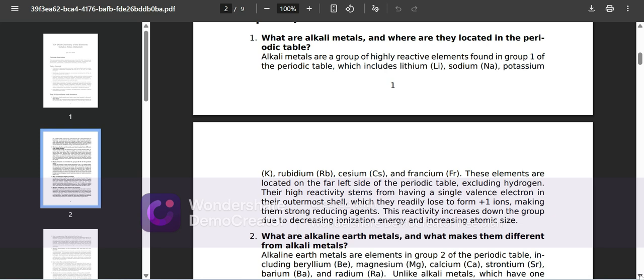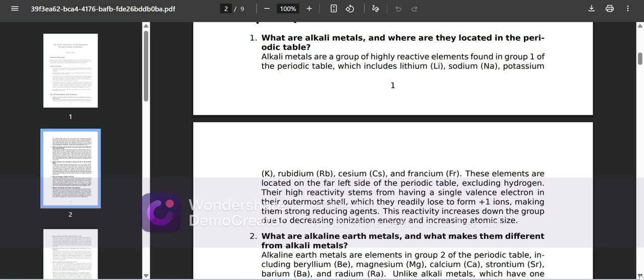What are alkali metals and where are they located in the periodic table? Alkali metals are a group of highly reactive elements found in group 1 of the periodic table, which includes lithium, sodium, potassium, rubidium, cesium, and francium. These elements are located on the far left side of the periodic table, excluding hydrogen.